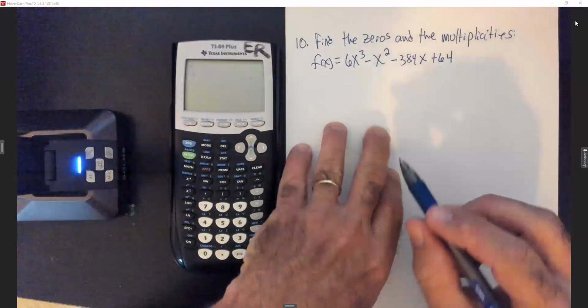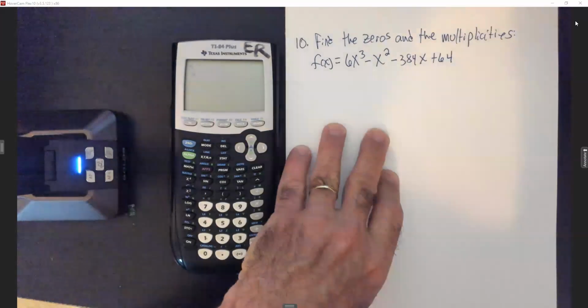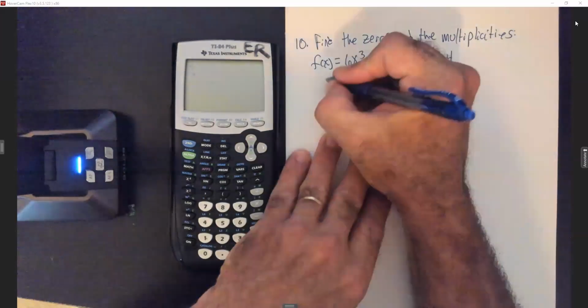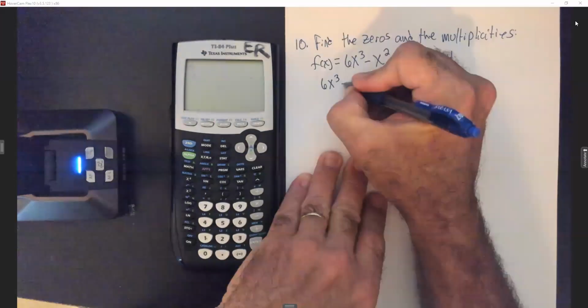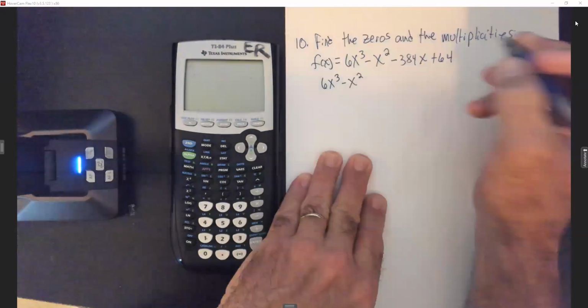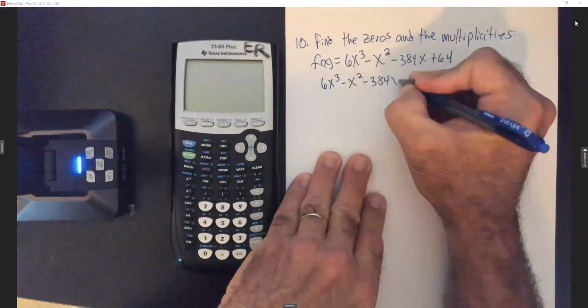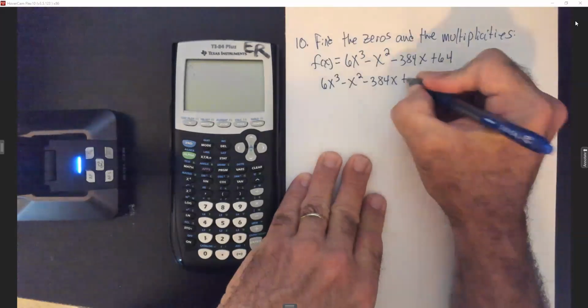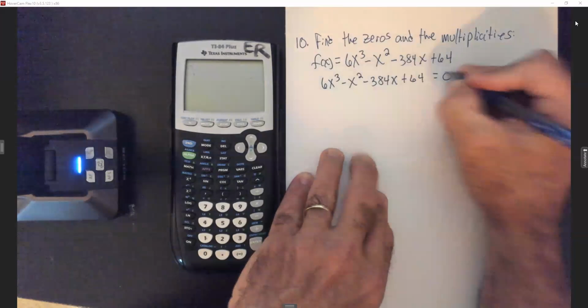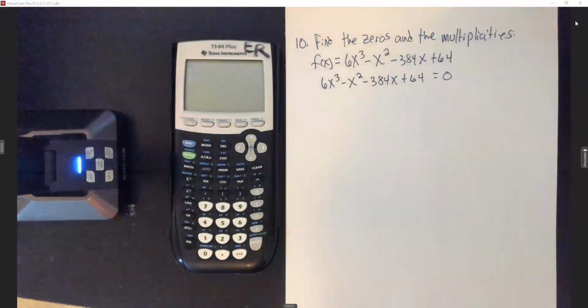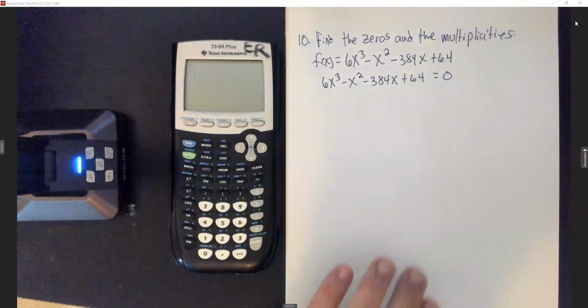So the first thing, set this all equal to 0. And I'll tell you, pretty much anything that's got higher exponents than a 1, you pretty much want to set them equal to 0 in this section.